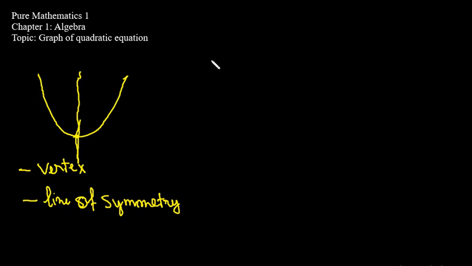Now I will show you something. I have a function, x squared minus 4x plus 3. How can I draw the graph of this one? First of all, we have to complete the square, make it into a square plus something. x squared minus 4x plus 4 in brackets.